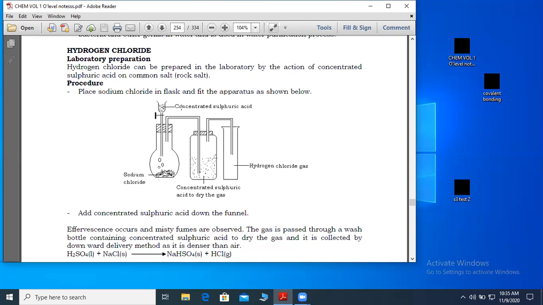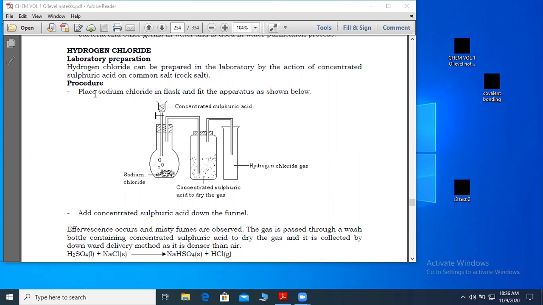Sulfuric acid is a liquid, so it is put in the thistle funnel.